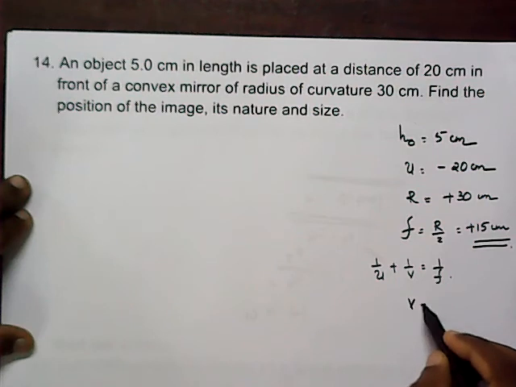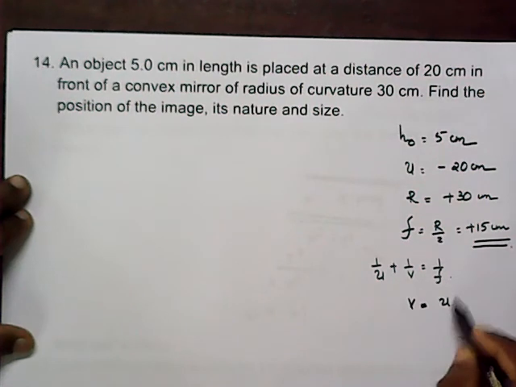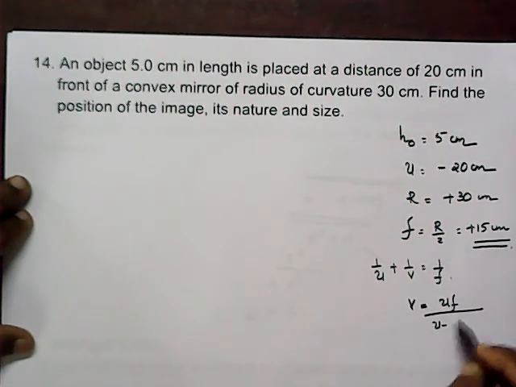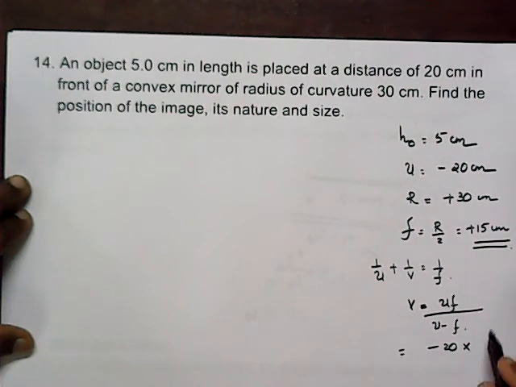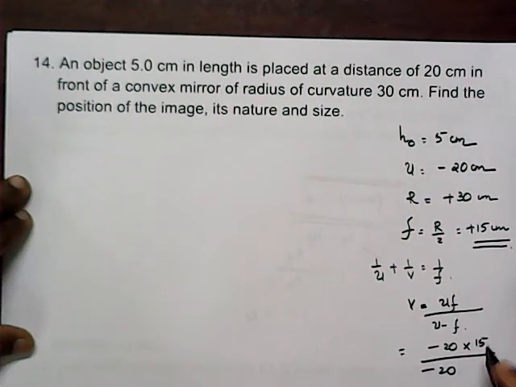v is equal to uf divided by u minus f, which is minus 20 into 15 by minus 20 minus 15.